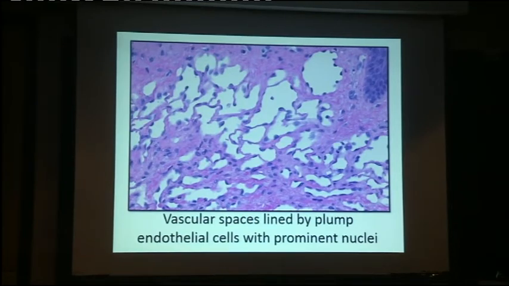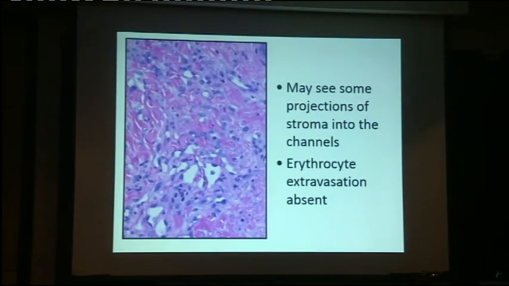At higher magnification, most of the time you can show the stroma between these vascular spaces, and more importantly, these are lined by a single layer of cells. Usually you do not have any endothelial proliferation, you don't have protrusion of buds or small papillae into these spaces.